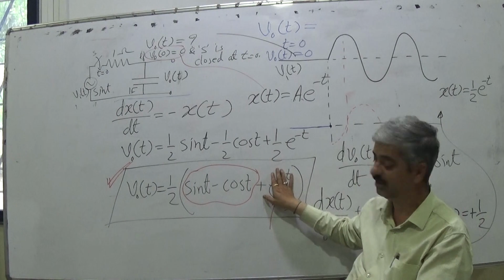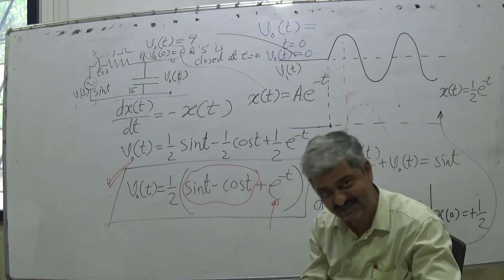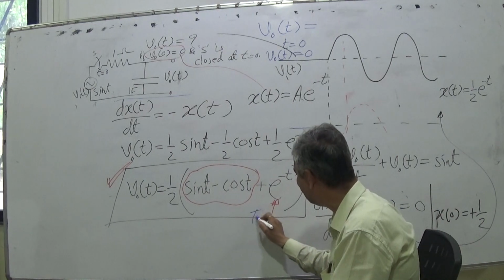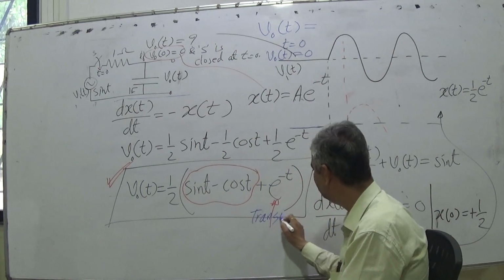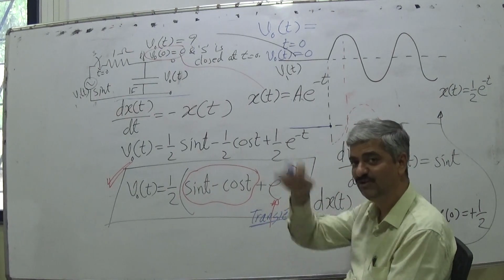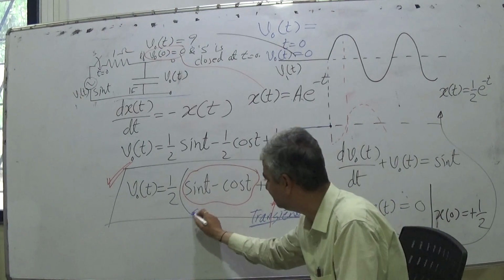So the output is a sinusoid. In classical terms, you might have read, this is transient, at the time when you make a change, when you connect the switch, and this is steady state.